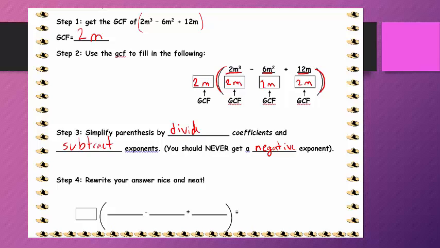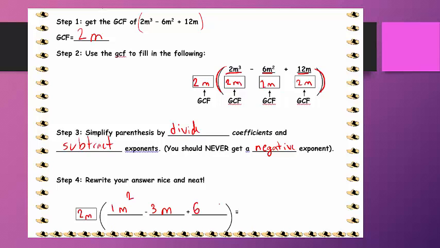So all we're going to do now is the actual math. We're going to leave the GCF outside, but we're going to simplify each of these fractions. So 2 divided by 2 is 1. m cubed over m is m squared. I'm going to keep the minus. Now I move on. 6 divided by 2 is 3. m squared over m is just m. 12 divided by 2 is 6.